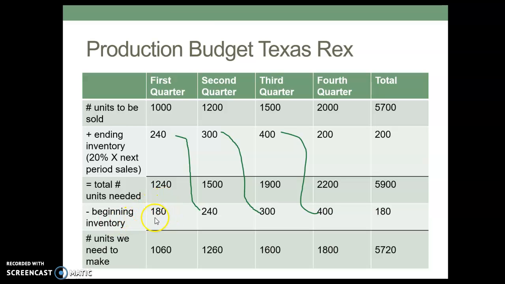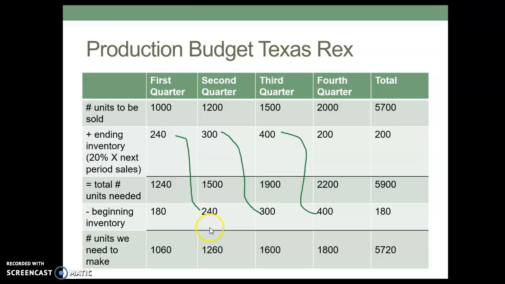On January 1st, my beginning inventory was 180 shirts. So I take the amount that I need, 1,240, minus the 180 that I already have, which means I have to make 1,060 shirts in the first quarter.